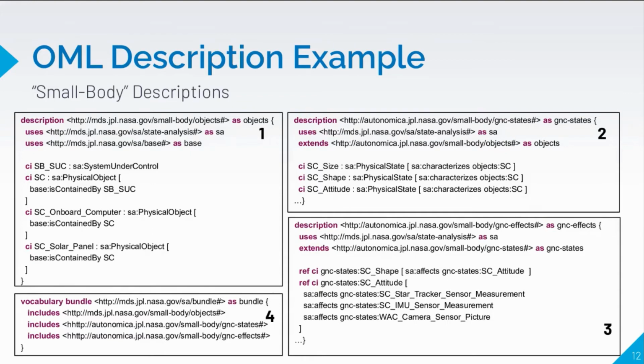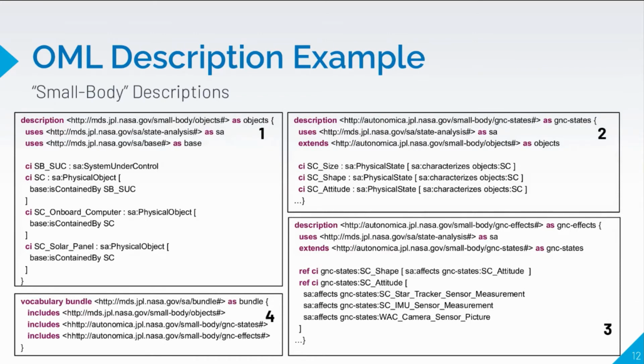So we say we have a system under control called Small Body, and that one has also a spacecraft that belongs to this system under control, and there is a few equipments, devices on the spacecraft, like an onboard computer, solar panel, and whatnot. And you can see here the base and the state analysis vocabularies are being used in describing the system.